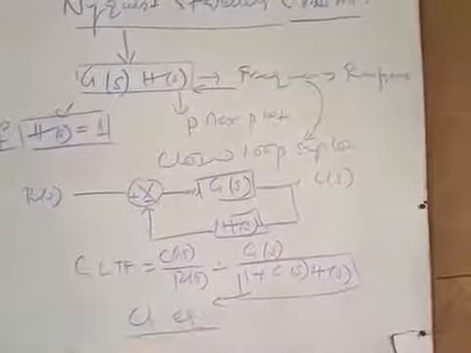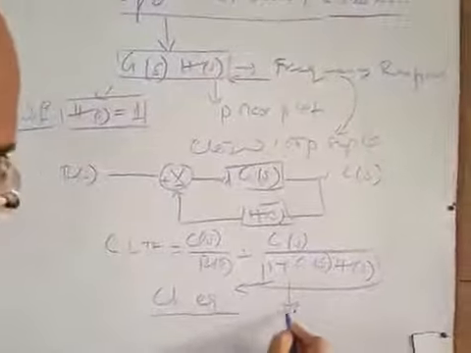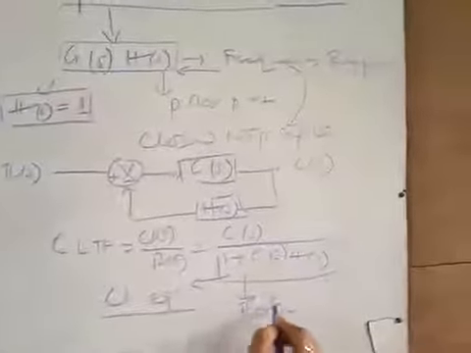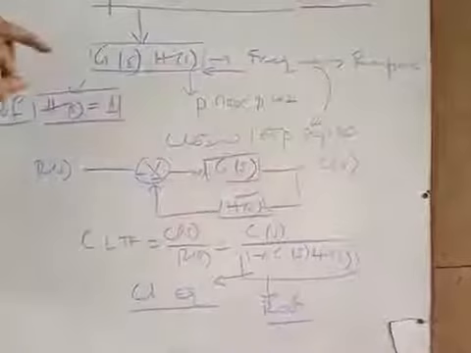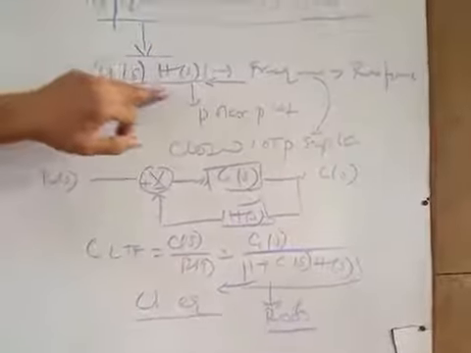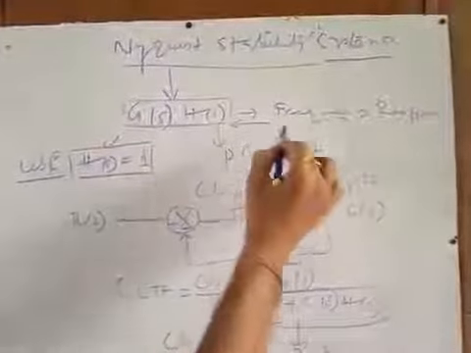You all know it. Now from the characteristic equation, what do we get? We get the roots of the system. And finally, by using the Nyquist criteria, from the frequency response of the open loop transfer function G(s)H(s), we can get the relationship between this frequency response and the roots of the characteristic equation.